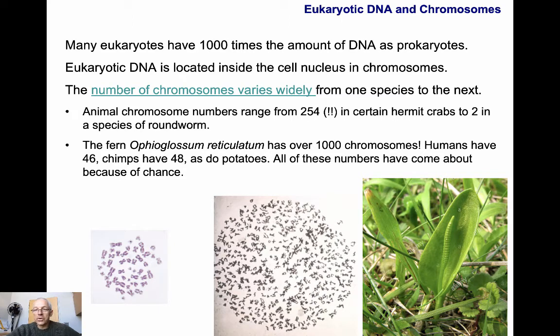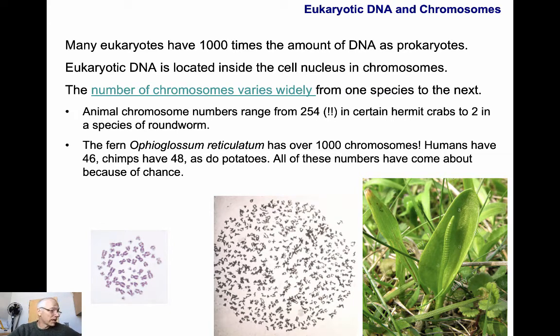The smallest, simplest organisms have just a few chromosomes, including only 2 in certain species of roundworms. That's just 1 pair of chromosomes. And in other animals, the number can be much greater. There are certain hermit crabs that have 254 chromosomes, which is crazy.